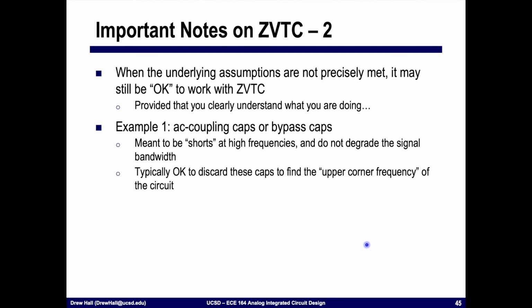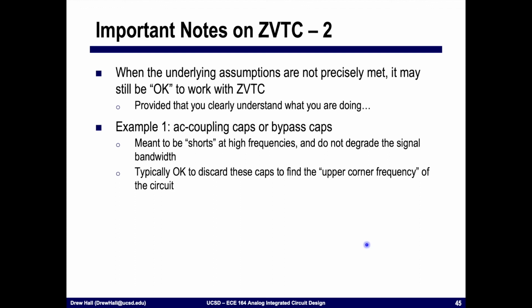The other thing to remember is that the very first step when we were doing ZVTCs was to condition the circuit. And conditioning the circuit meant that we had to get rid of AC coupling capacitors and bypass capacitors. This is critical because these capacitors are meant to be shorts when we're doing the bandwidth analysis at high frequencies, and they do not contribute to the bandwidth.